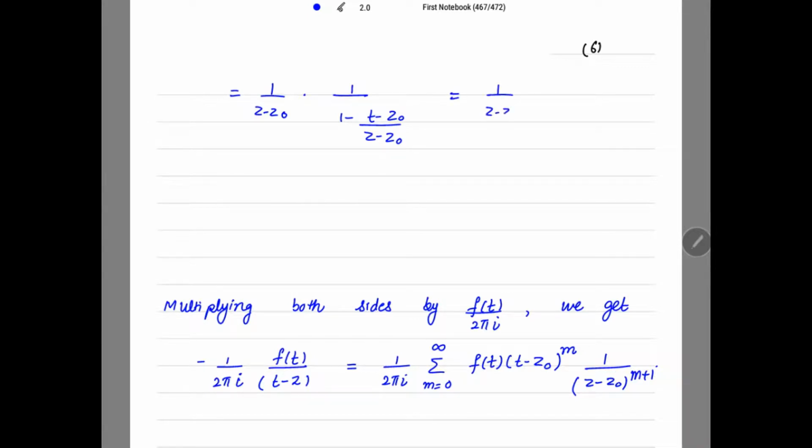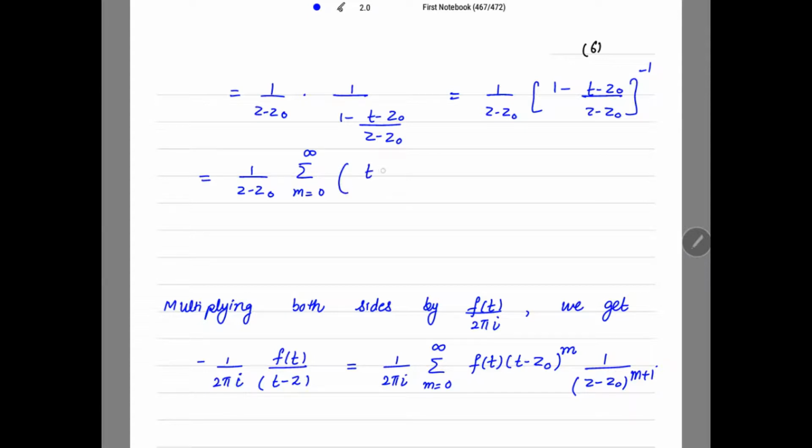Taking this to the numerator, this is equal to 1 over z minus z naught, 1 minus t minus z naught over z minus z naught, right, which is further, again this is your expansion, so this is further equal to 1 over z minus z naught, now taking this expansion with variable m going from 0 to infinity. For the first integral we took n; for this part I am taking m.